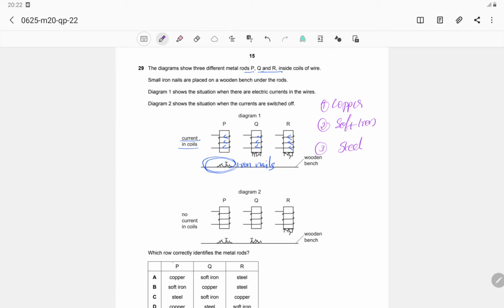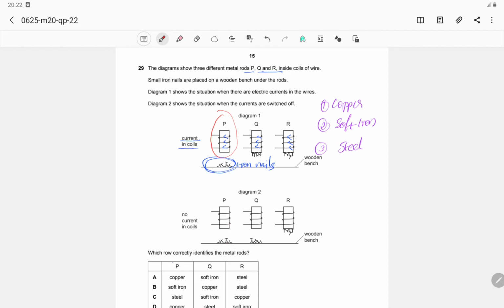Let's look at the first option. In figure P, even though the coil is an electromagnet, since the current is flowing through it, P still does not become a magnet.